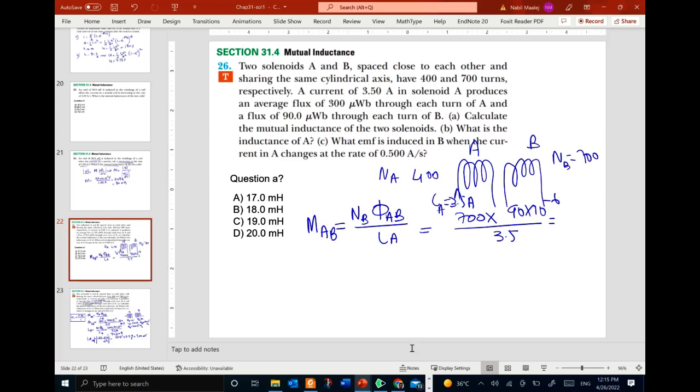You find that this is equal to 18 millihenries.